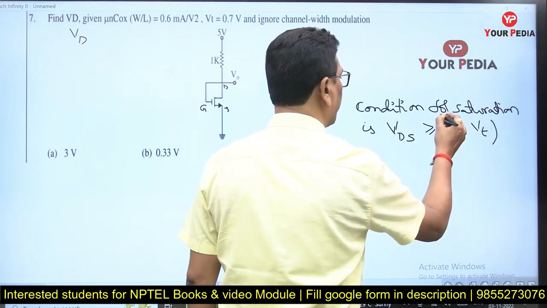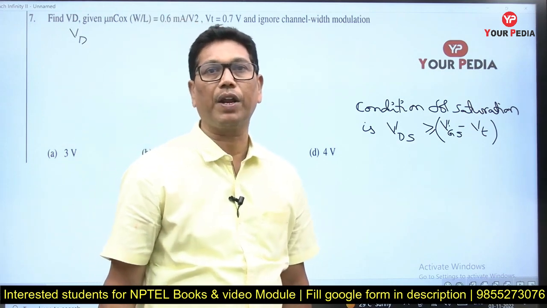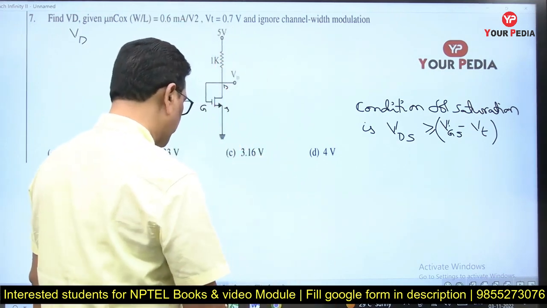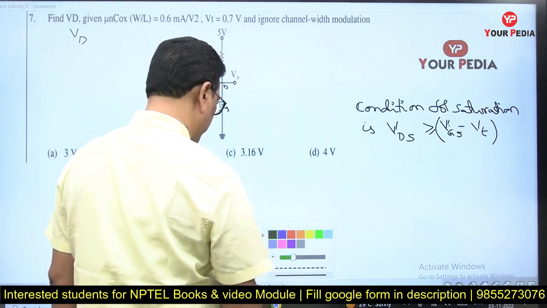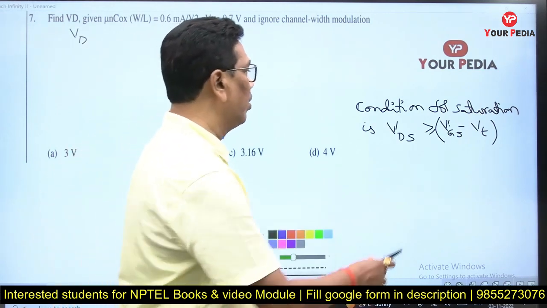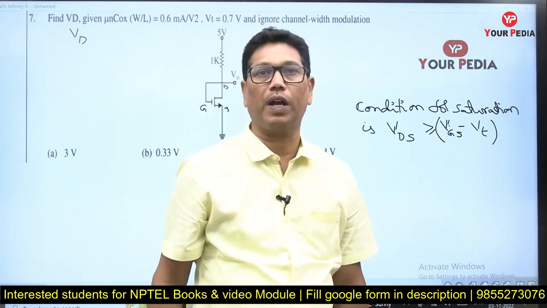Under this condition, your MOSFET is in saturation mode. VGS minus VT is nothing but the overdrive gate voltage.